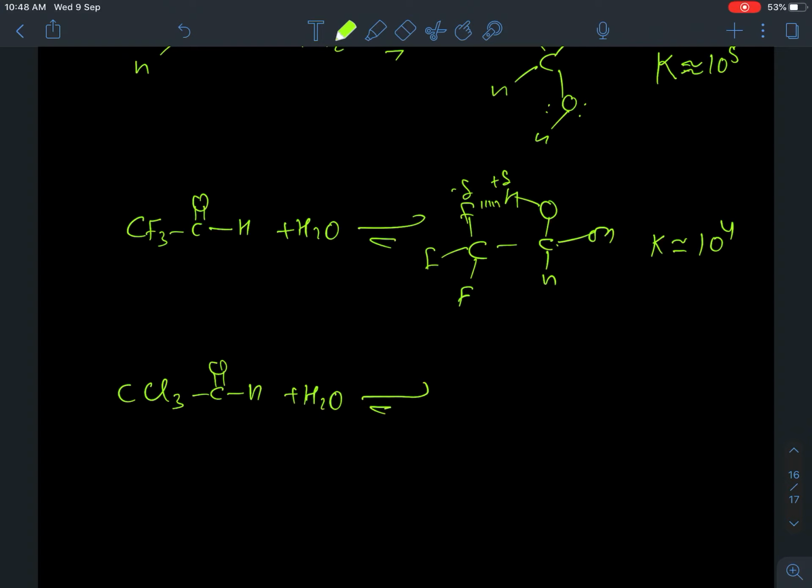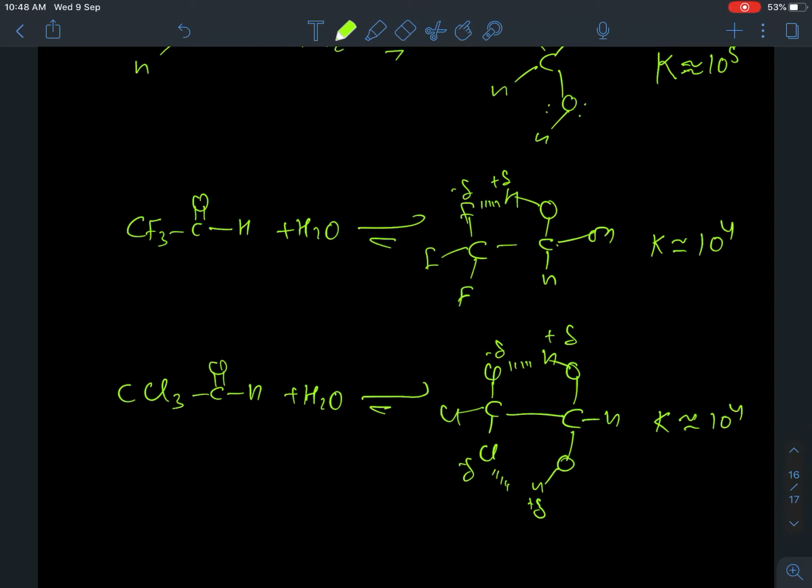So this is very unique when the hydrogen bonding with chlorine is of considerable importance. Here also the hydrogen bonding is present with both the OHs, and here also the equilibrium constant is of the order of 10 to the power 4. Close to that. Obviously CF3 will be a little better than that.